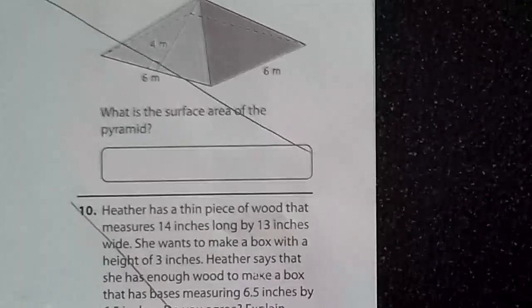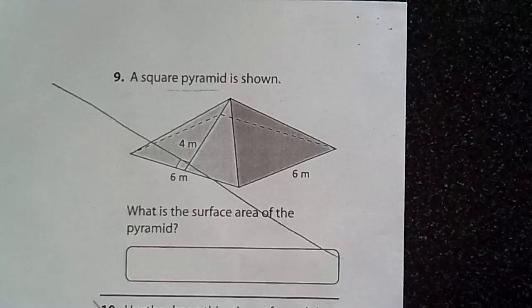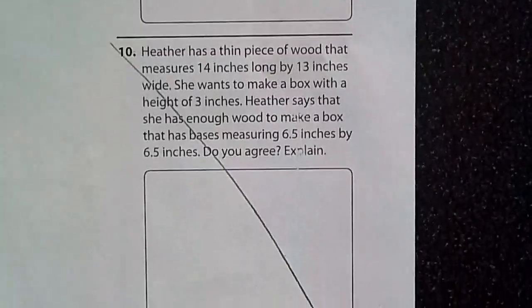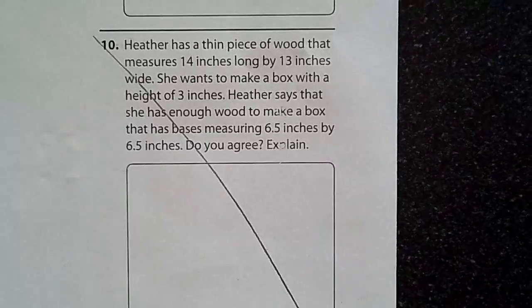That has 2 questions. Then we move on to 9 and 10. And 9 is talking about surface area, which we didn't get to for topic 7. And number 10, we didn't get to either, so we are going to skip those 2.